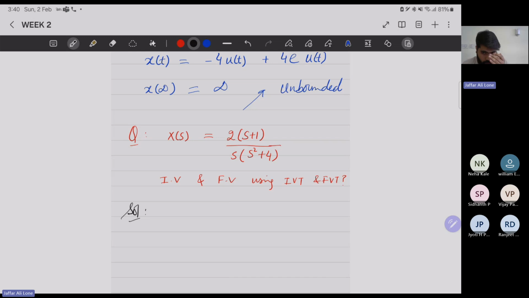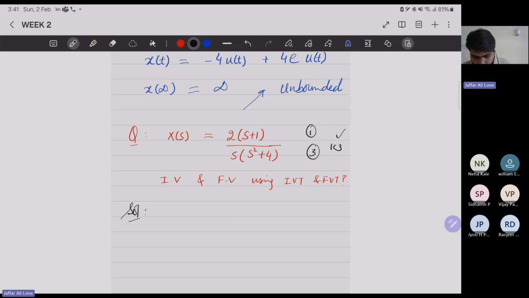First we check whether we can apply our final value theorem and initial value theorem. For that, the transfer function needs to be proper. See, the numerator order is 1, and in the denominator the order is 3. 1 is less than 3, so it's proper.